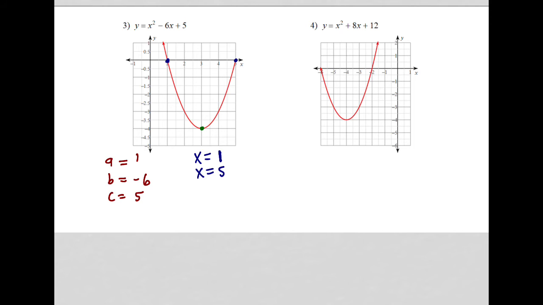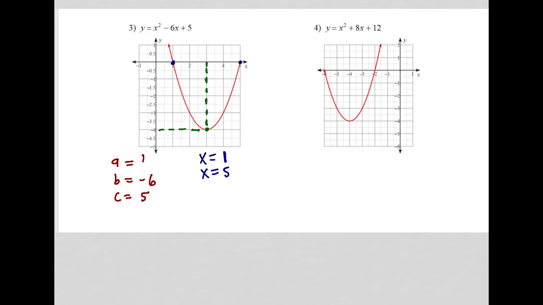Even if you wanted to kind of help yourself by giving yourself little dashed lines here, which we'll do when we're talking about the axis of symmetry. So right there it goes up to 3, and over here it goes over to -4. So we know our points are 3, comma, -4. That's our vertex.